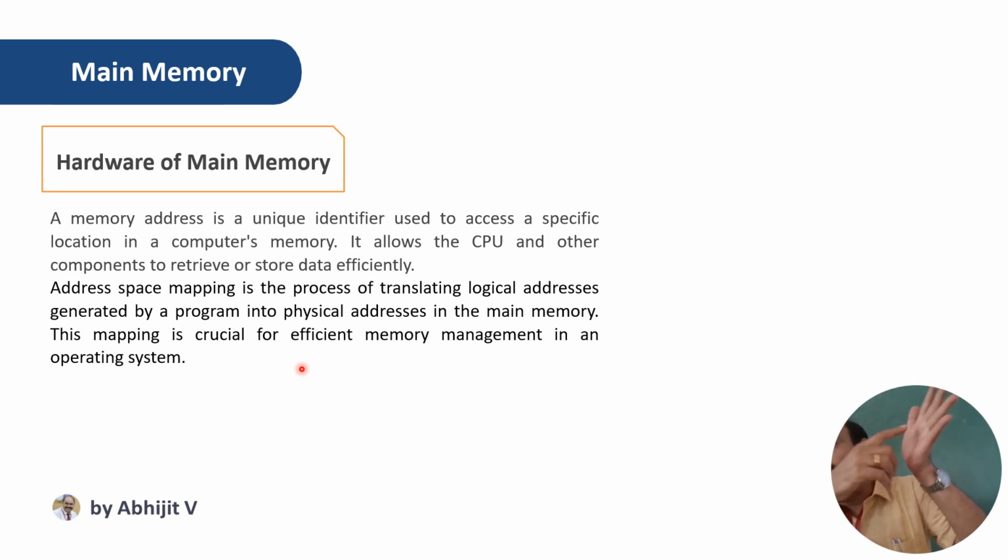If I save memory management.pptx in one particular location, and in the same location I want to save memory management.pptx again, it does not allow. What it does is store it as memory management with a one within brackets. You might have noticed that. That is because file names are identifiers.